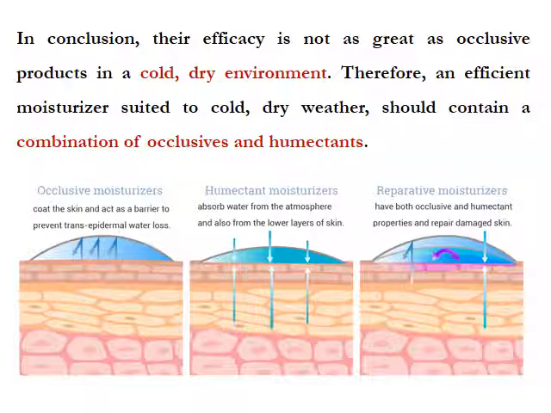What are reparative moisturizers? Reparative moisturizers are a combination of both occlusive and humectant moisturizers to repair the damaged skin. They combine the beneficial effects of occlusives and of humectants.